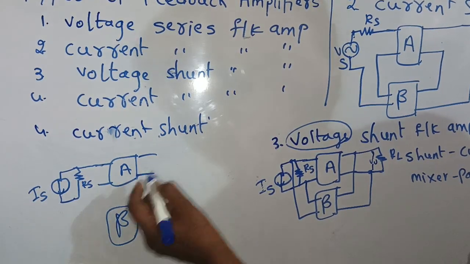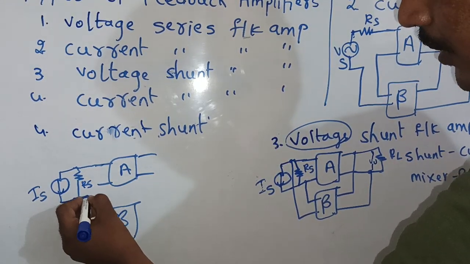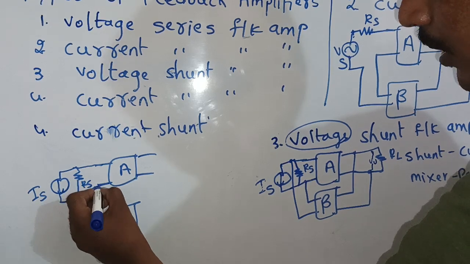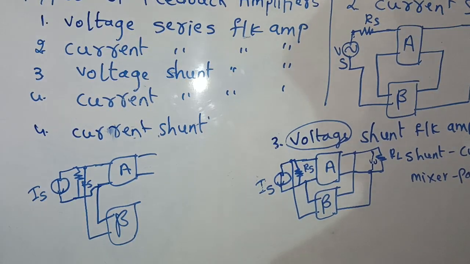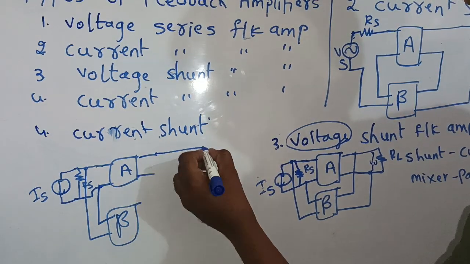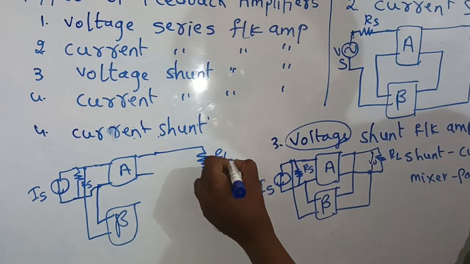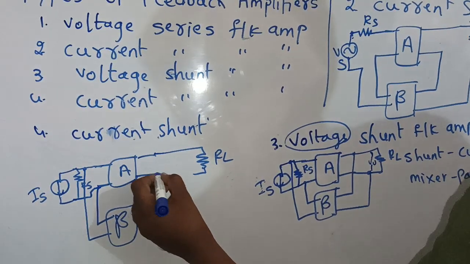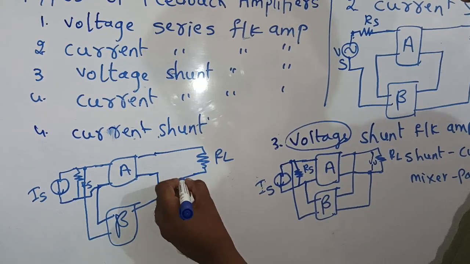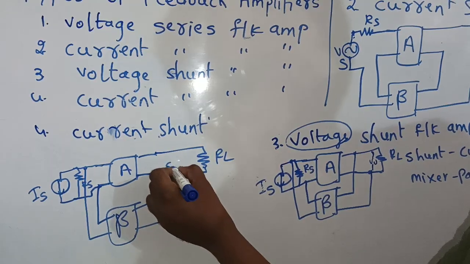Similarly, this is a shunt connection, that is why for the shunt connection the feedback network is in parallel, like this, and the output is across the load, that is RL, and this is the current source. You can connect the sample in series. The sample is in series. This is the sample.